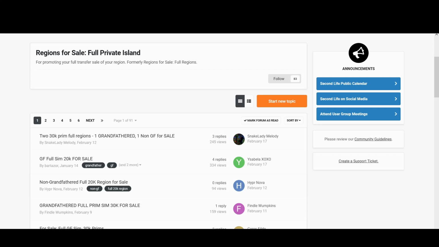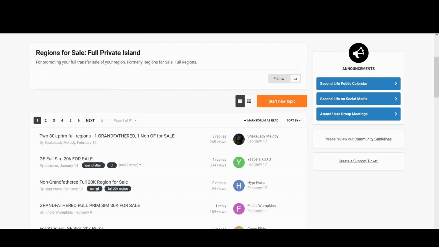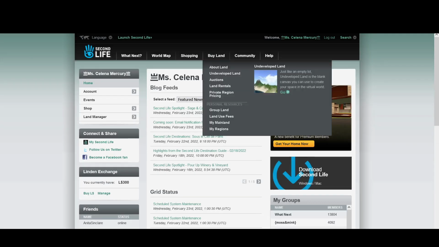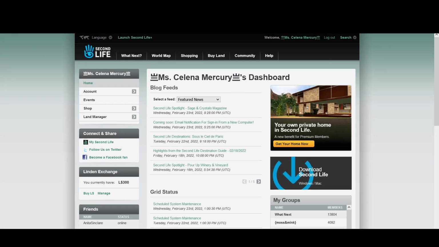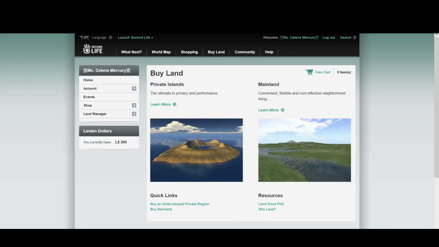Log into your secondlife.com account and you can go to, let's actually just do that. Buy land. You just go to your Second Life account and you're going to click buy land, and you're going to do the undeveloped land, and you're going to buy one of these.